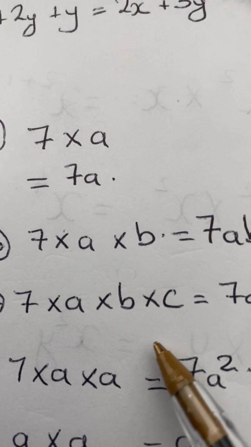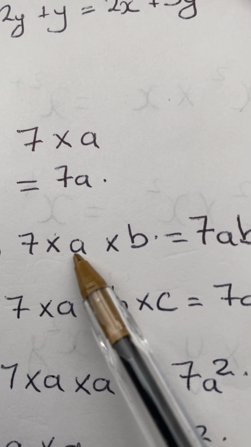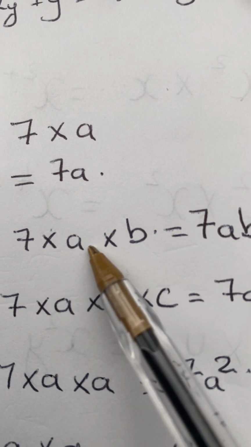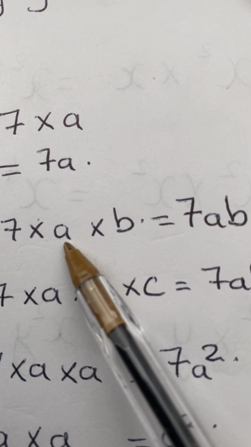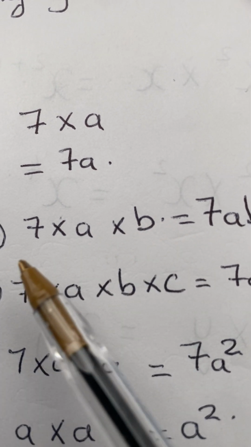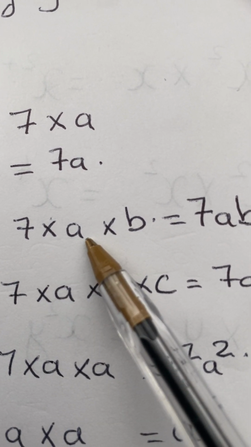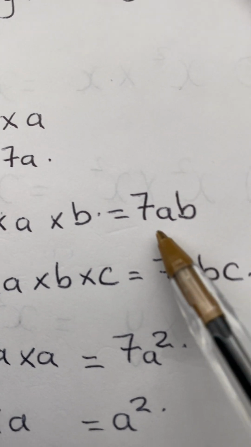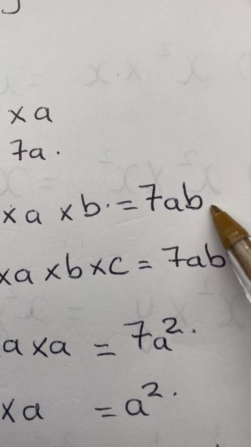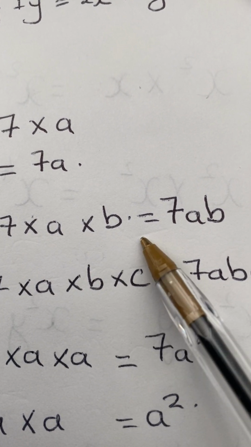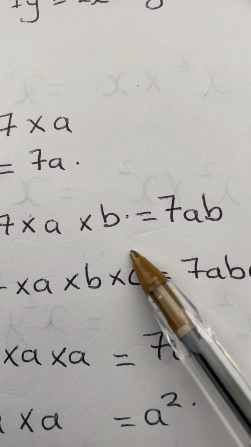The next example, 7 times a times b. So a can be anything, b can be anything. So 7 times a is 7a, times b is 7ab. That is when you are multiplying. If you are adding, you can't do that.